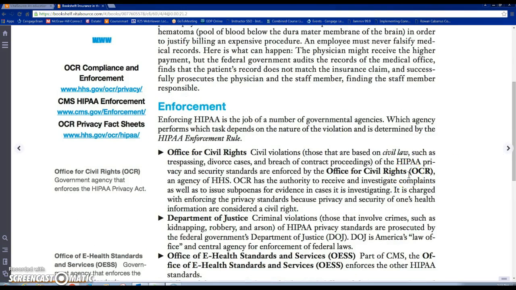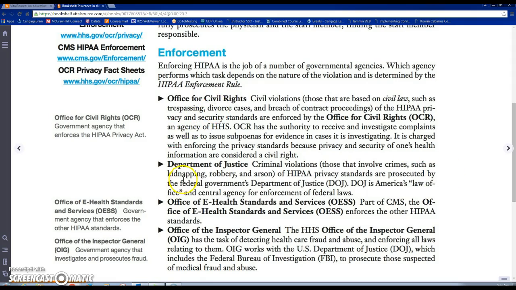Enforcing HIPAA, there's an Office for Civil Rights, Department of Justice, e-health standards, and Inspector General. Inspector General has the task of detecting fraud and abuse and reporting everything on there. And if it's a civil violation, the Office for Civil Rights is the ones that handle that.